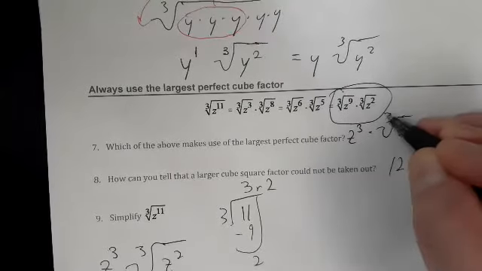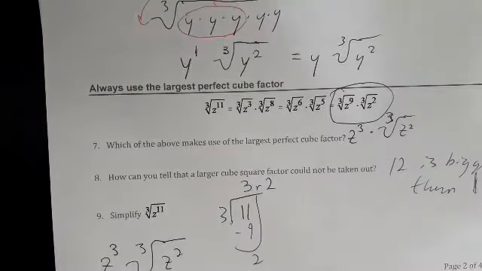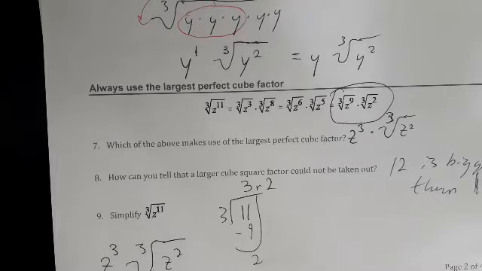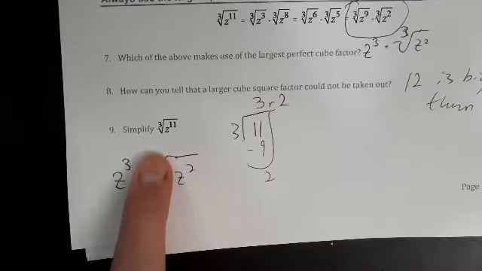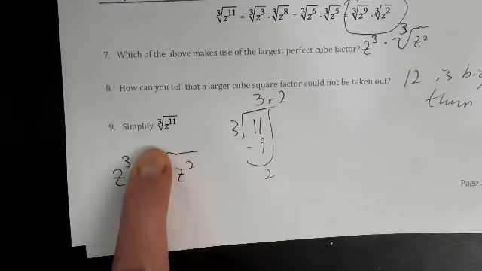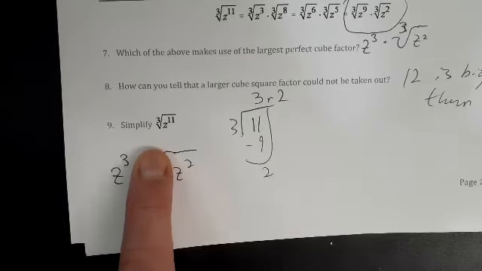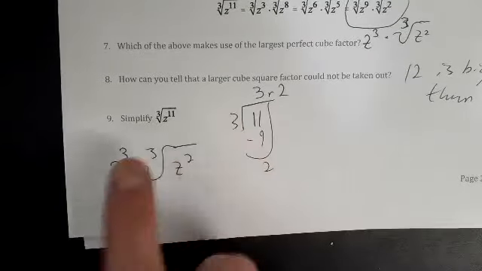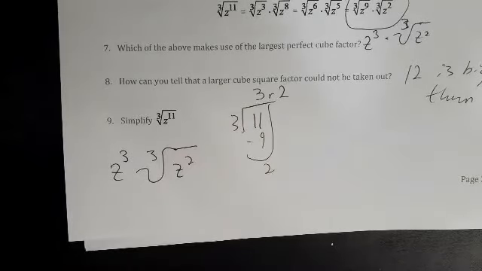And there's going to be a z squared left over. And again, 3 with the remainder of 2 would look something like that. That's where these numbers are coming in here. And then this 3 that we divided by is like that radical. We're dividing these into groups of 3 is what we are doing.